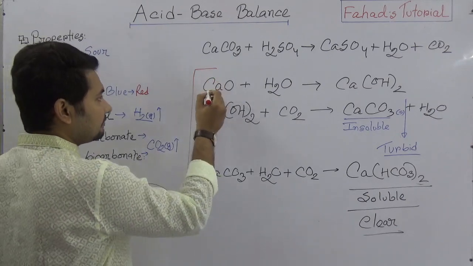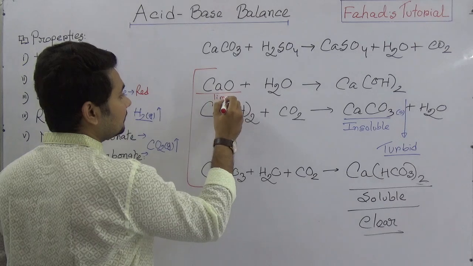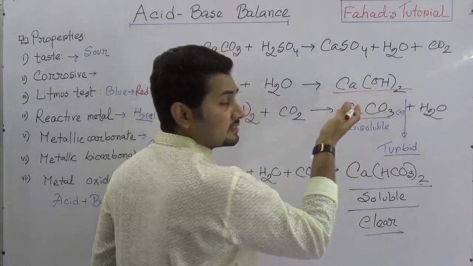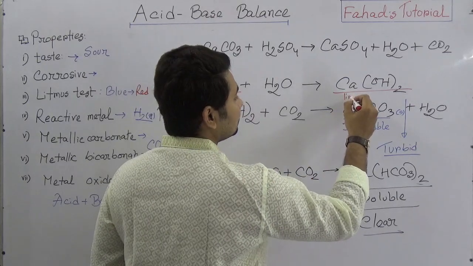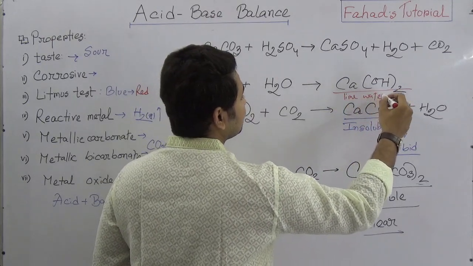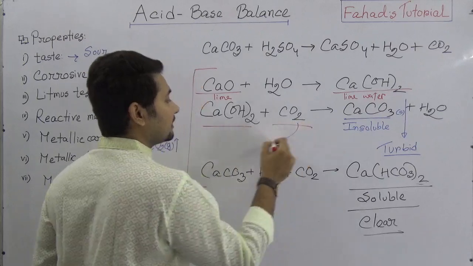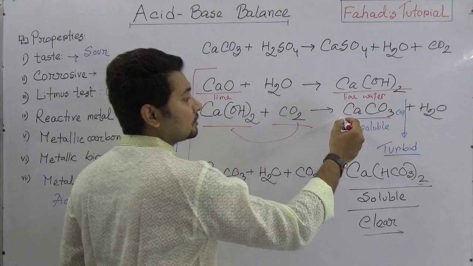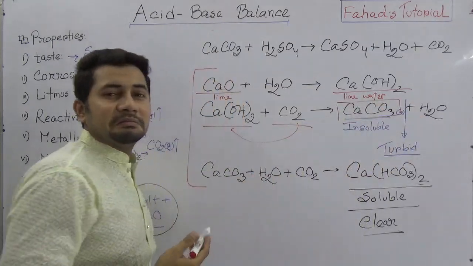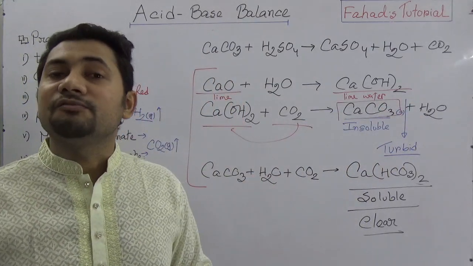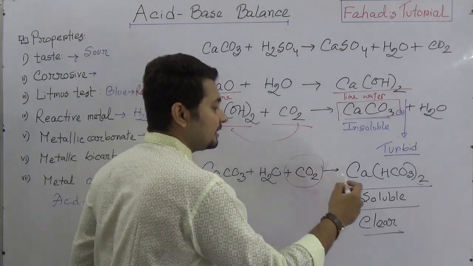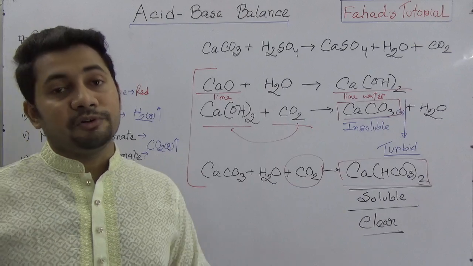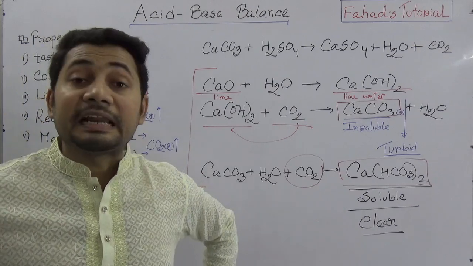We know the formula of lime, and this is lime water, or you can say slaked lime. So when you use carbon dioxide in lime water, it becomes turbid because of insoluble calcium carbonate. And then if you add more carbon dioxide, soluble calcium bicarbonate will be produced. That makes it clear.